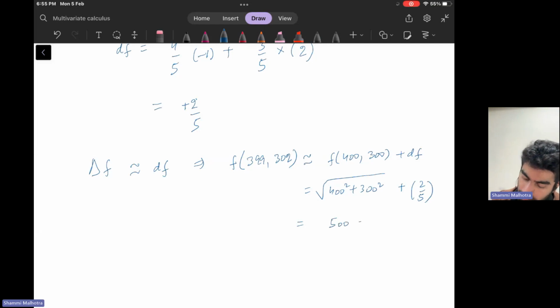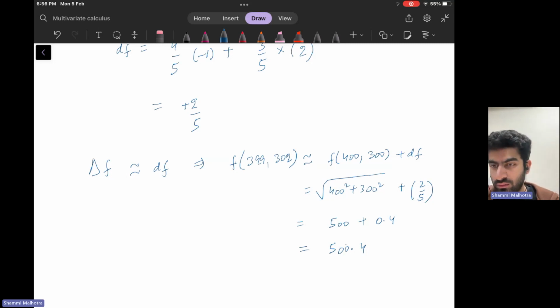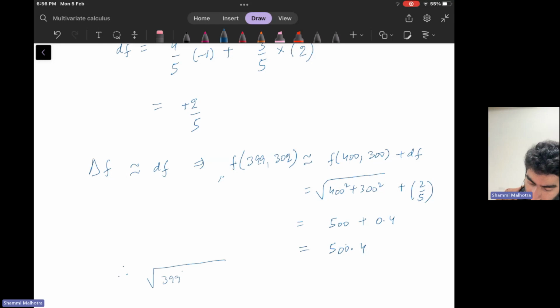So 500 plus 0.4, so eventually this will be 500.4. So the approximate value of the square root of 399 square plus 302 square is approximately 500.4.